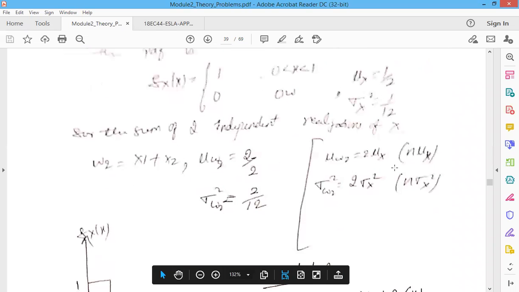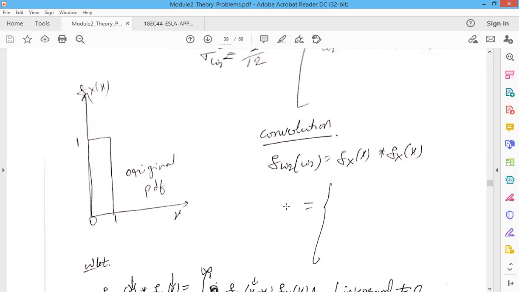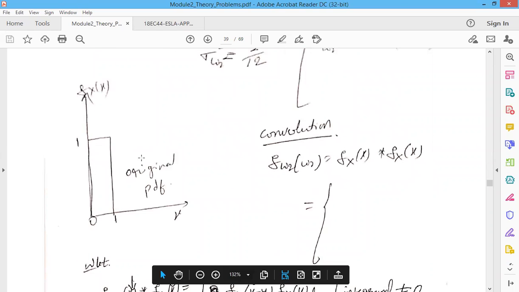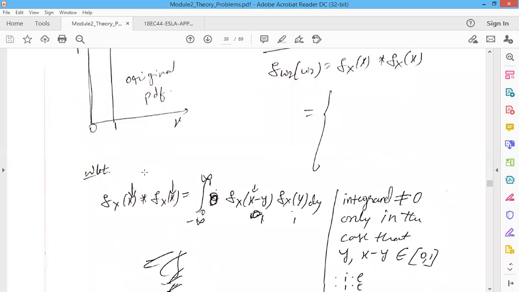So here I have shown the equations for mean and variance for the uniformly distributed variables. Now let us consider the diagram. This shows the original PDF fx of x, distributed between 0 to 1, and it takes the value 1 in this range. With this we can also consider the convolution of the same signal with itself.